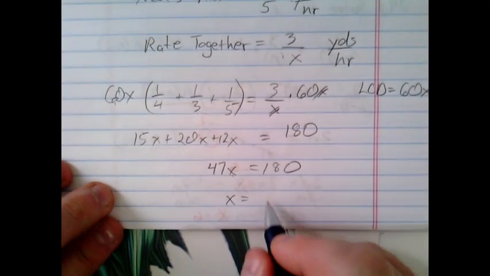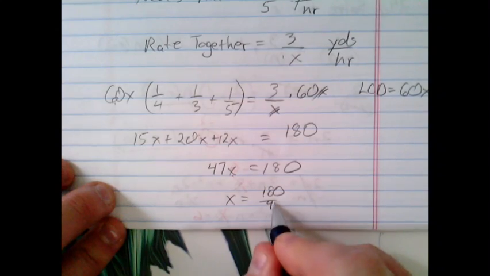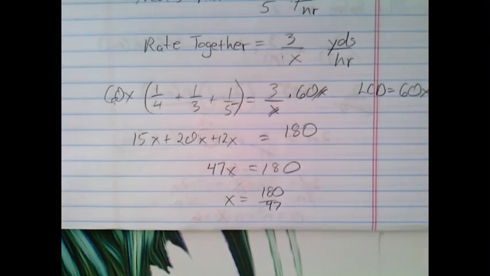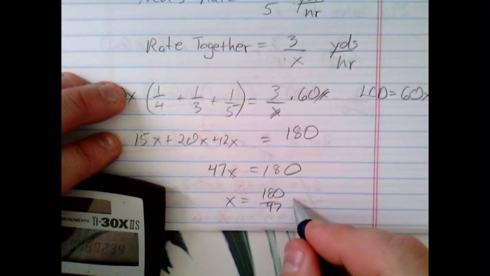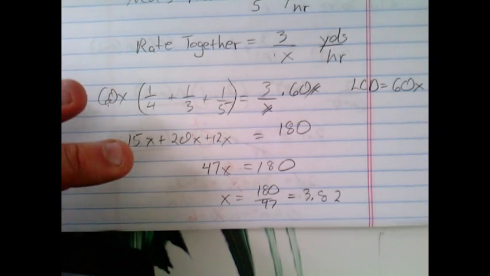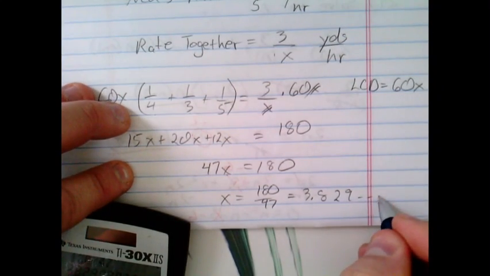So x equals 180 over 47. This would be a good problem to get a calculator out for. In a word problem, I think it's pretty much always a good idea. 180 over 47 would be 3.829 and so on.